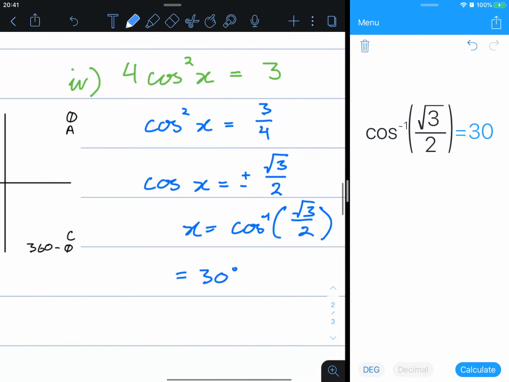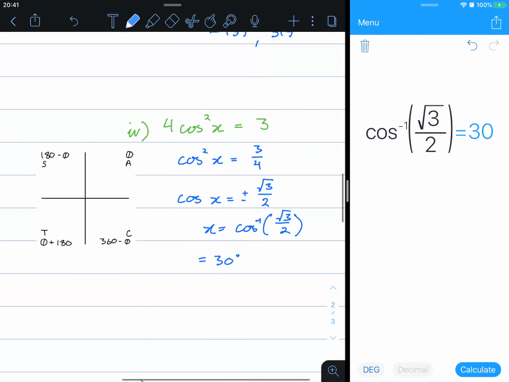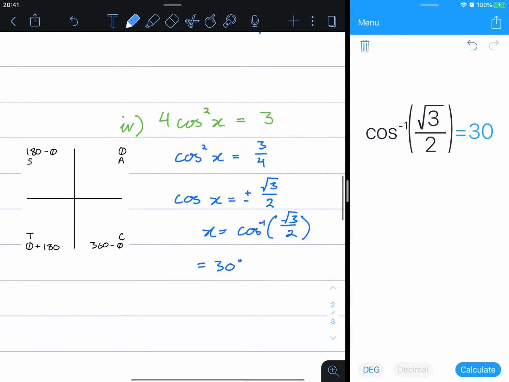But if we take a look at the answers, we need positive or minus root 3 on 2. So that means all the quadrants are a valid solution. So we have this answer here of 30. We also need it in this quadrant here. That's 180 minus theta. That's going to be 150.